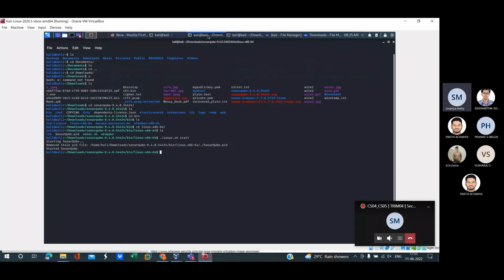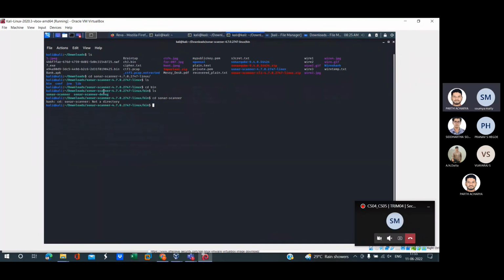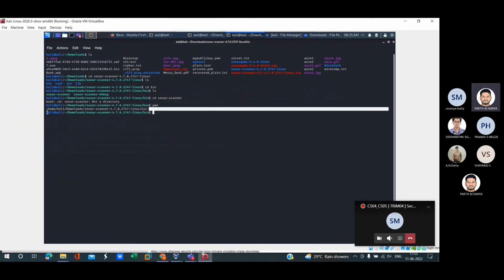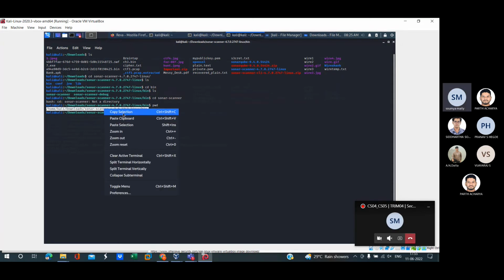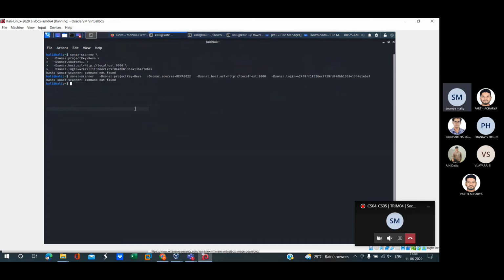It is in downloads, right? Yes, the entire path you have to copy. This one. Yes, and paste it in the beginning of that sonar scanner.sh. First paste it and then just use the home button on your keyboard. Now paste it.